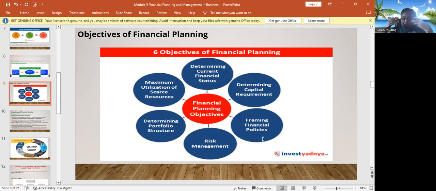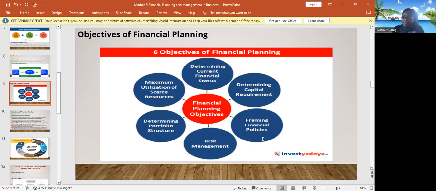Financial planning will also help you to determine portfolio structure. What structure do you need? What are on the ground? What are the additional structures that we need to make us expand our business, or continue in our business, or be able to maximize our output? Also, financial planning will help you to make maximum use of scarce resources.